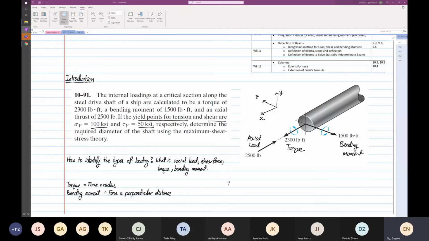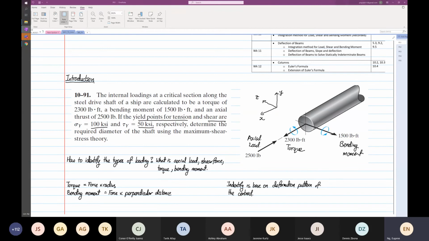To identify, it is based on deformation of the centroid. Let me elaborate on this.